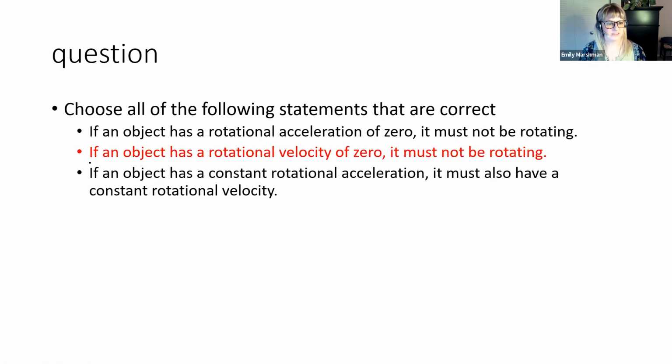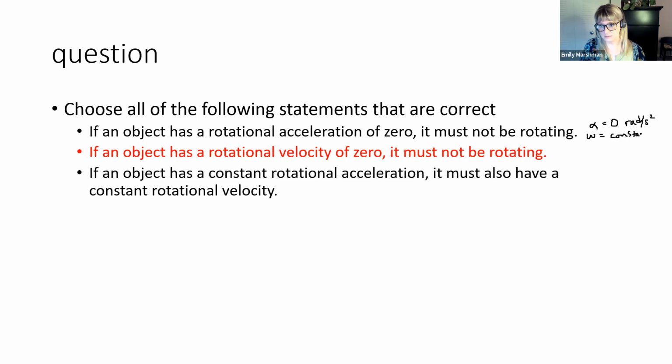The correct answer here is that only the second one is true. The first one is false because if the object has a rotational acceleration of 0, that means alpha is 0. Does that necessarily mean that the object is not rotating? No, what it does mean is that the rotational velocity is constant.